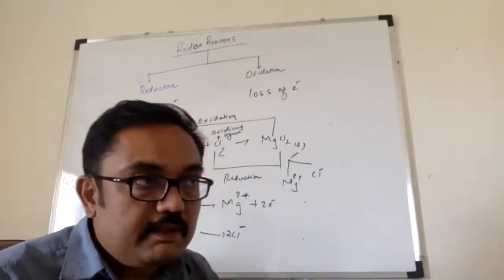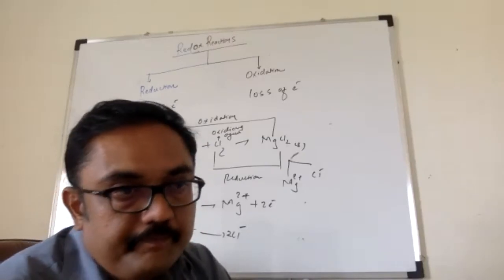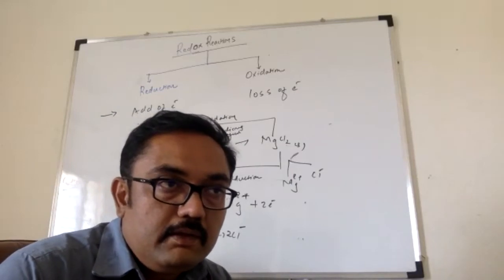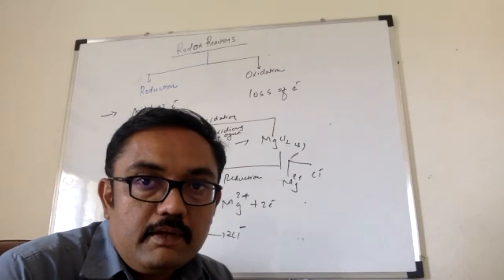And the last question: Zn reacts with copper sulfate to form zinc sulfate and copper, ZnSO4 plus Cu.